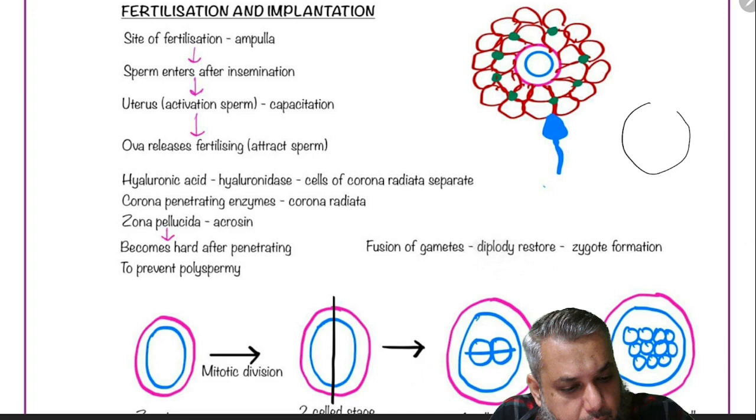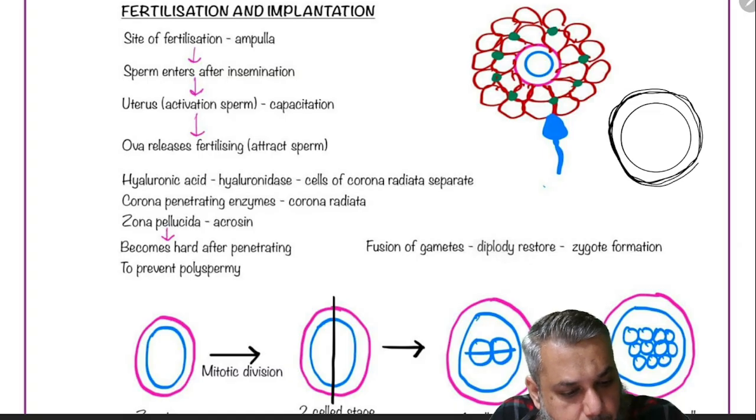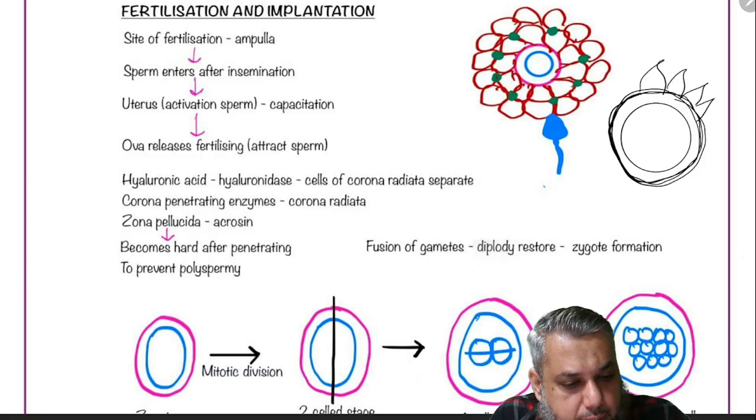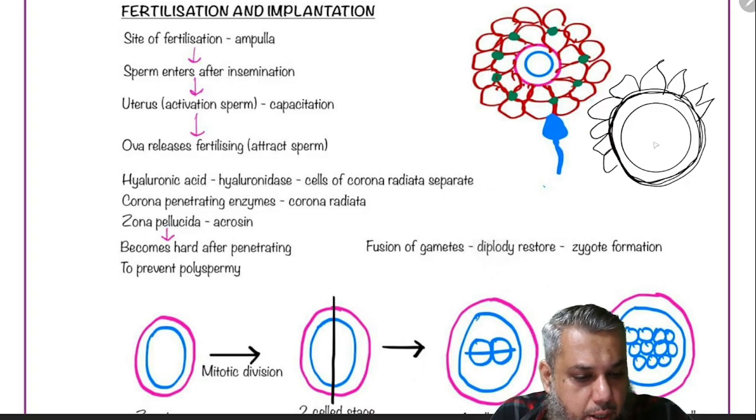There is a vitelline membrane, which is actually the egg membrane, followed by the layer that is called the zona pellucida. It is a non-cellular layer, followed by the corona radiata cells. This forms the egg. And you have the female pronuclei with its ooplasm.